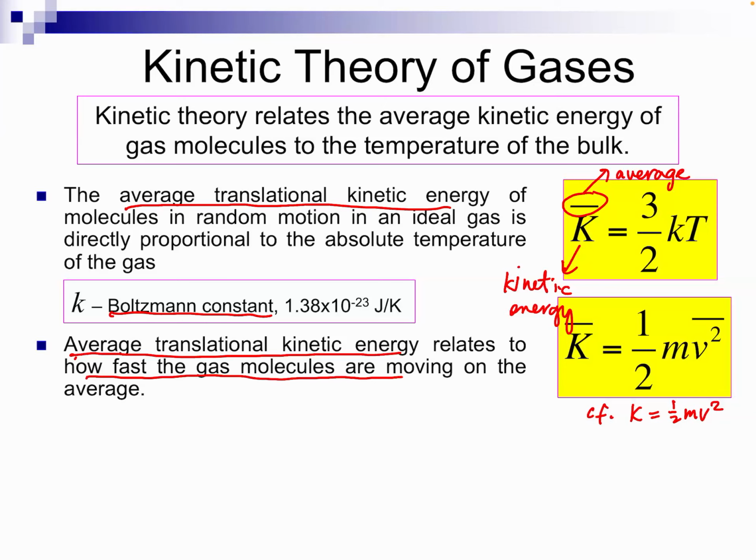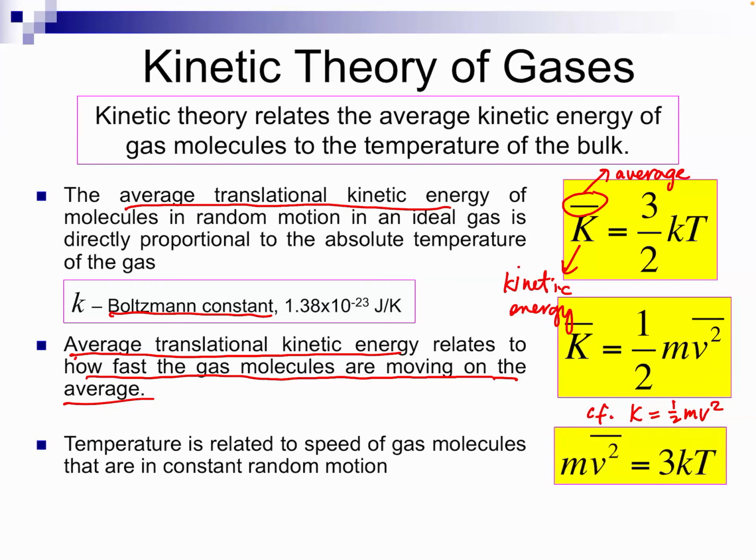I avoid saying that it's proportional to the average speed of the particles, because if something is moving randomly, the average is not really representative of v squared. This is v squared and then we take the average, so it's not really the average speed as we know average speed to be. We'll talk more about that later on.